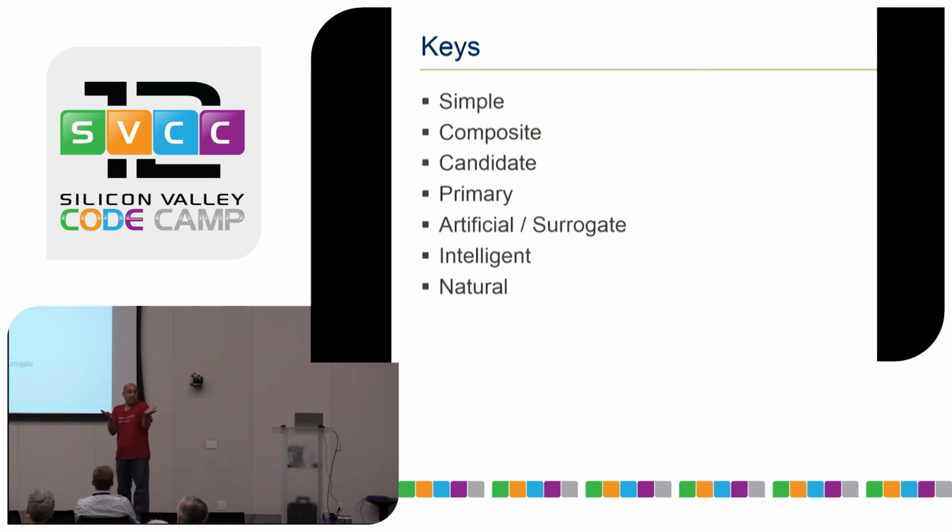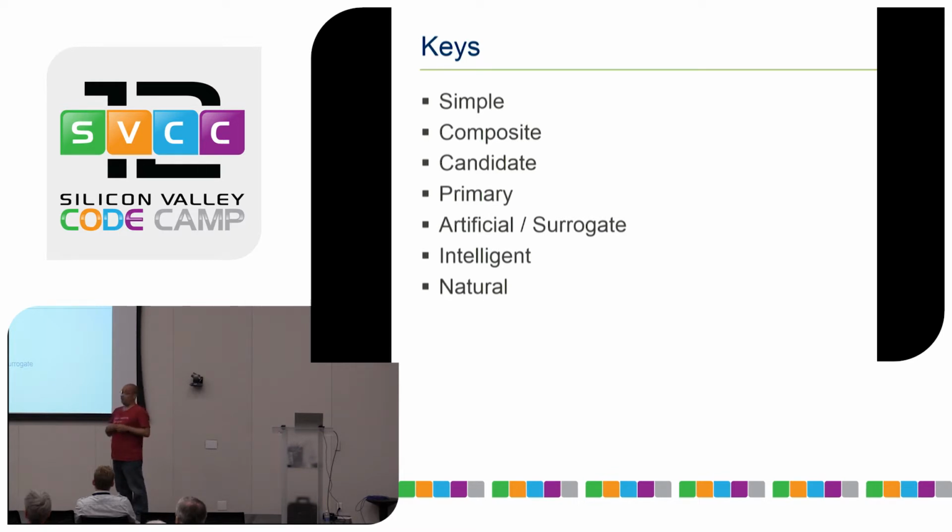It's completely artificial. It doesn't have any information about the country. Same for a sequence, identity, any one of those enumerators or random strings or whatever you use, that's going to be an artificial or a surrogate key. And a surrogate key, by definition, is to replace an existing one of the candidate keys.